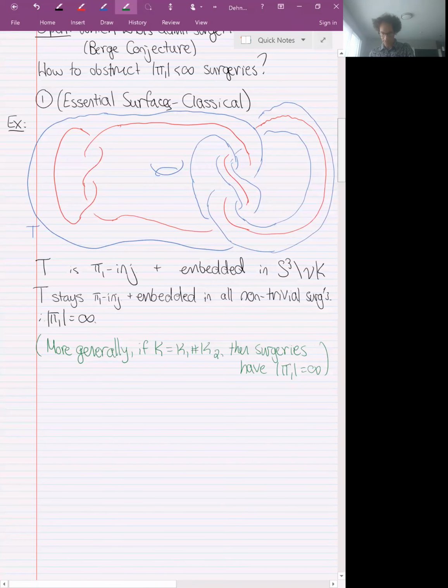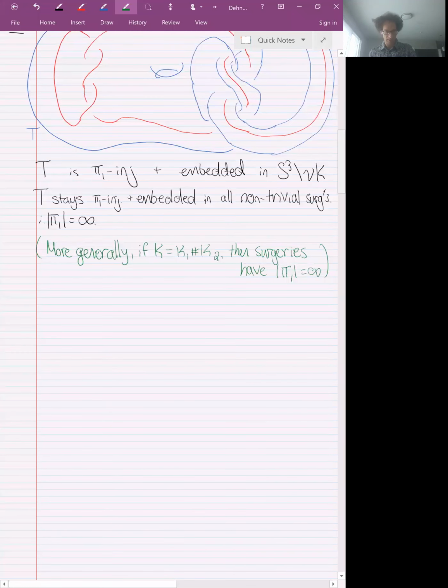So next I want to talk about a little bit more of a modern approach, which we'll call Floer homology. This takes on many forms, and I'm not actually going to define any of them right now, but I'm going to give a rough idea.